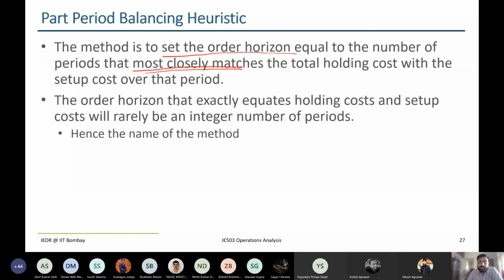The order horizon that exactly equates the holding cost and setup cost will rarely be an integer number of periods, hence the name of the method, part period balancing. It is approximate, it doesn't exactly balance it, but close enough. Let's understand it better with the example.